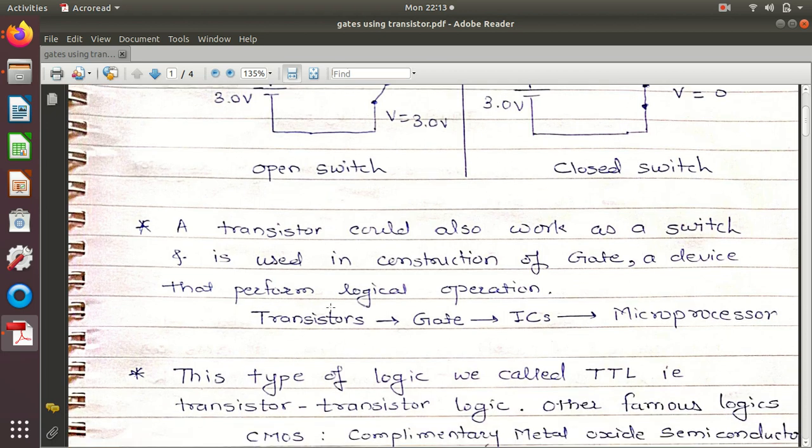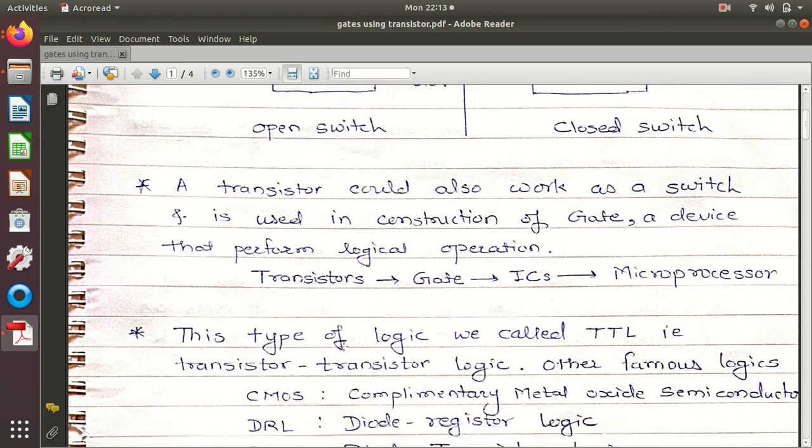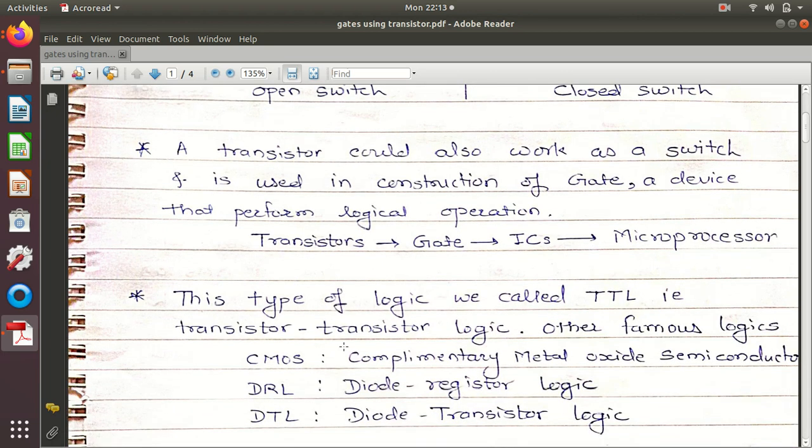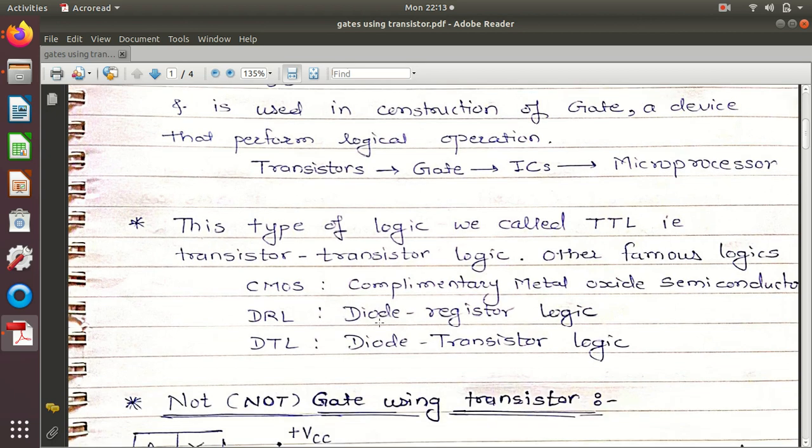Apart from transistors, gates are also constructed by using diodes. So, depending on what component we are using for the construction of a gate, there are various types of logic. That is the TTL logic, transistor logic, wherein we make use of transistors to form a gate.